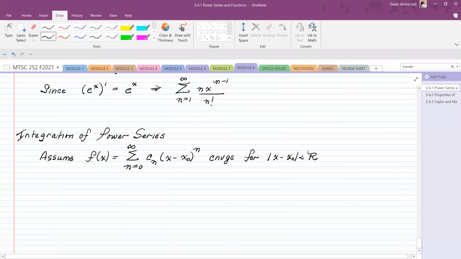Then the integral of f of x dx is the sum n equals 0 to infinity. c n stays here, but x minus x naught gets raised to the n plus 1, and then you divide by n plus 1. But you have to add on your plus c.